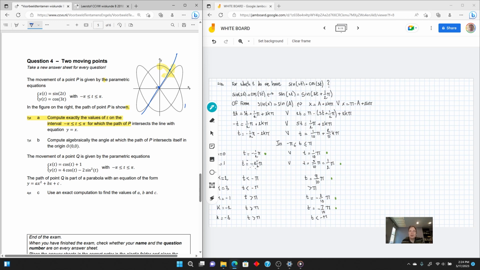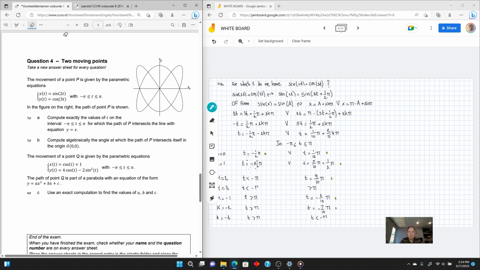It will intersect one more time, and one more time. So a couple of times. And they want to know for which t this happens. Okay, that's, I think, doable.